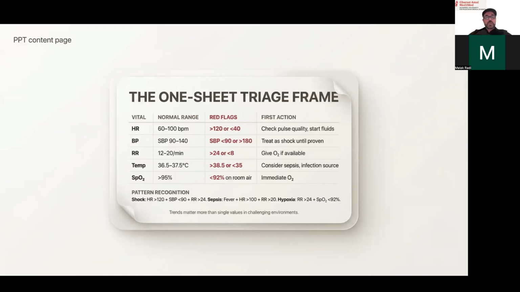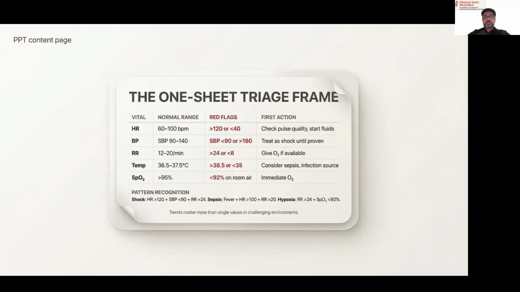So when someone is having a crisis and you have the chance to review what happened a few hours before, you start to see that the heart rate has been elevated for a while.